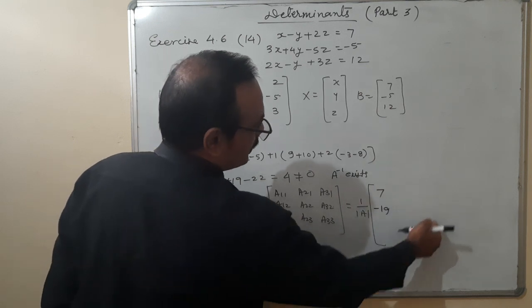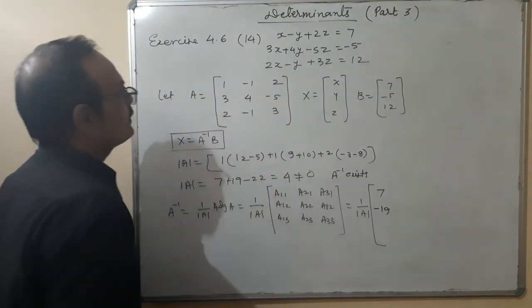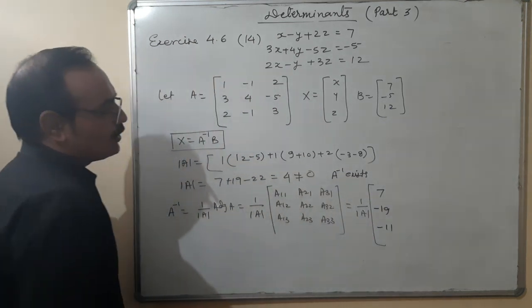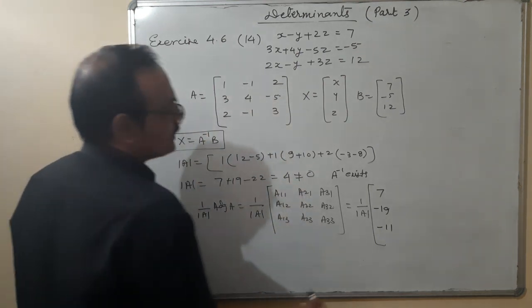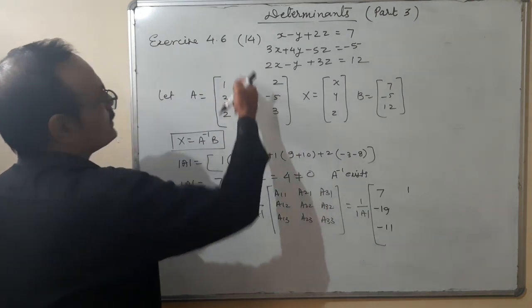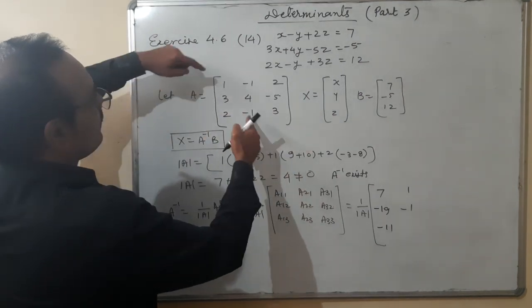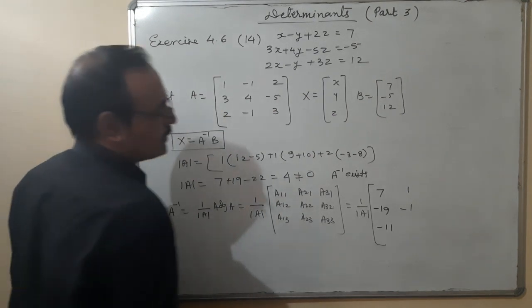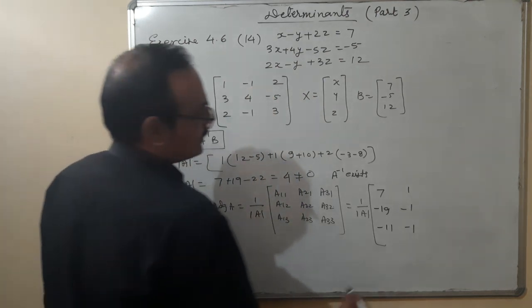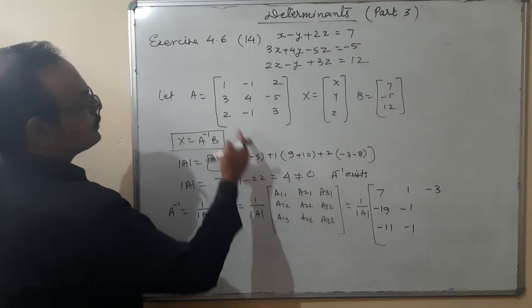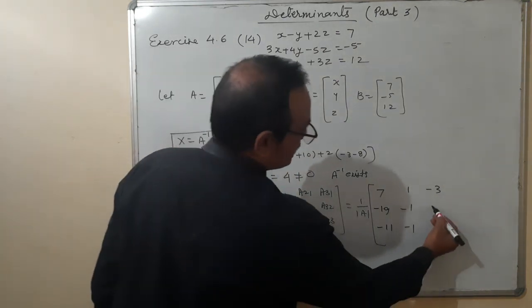Because these 4 signs will be changed. 1 3, first row, third column: minus 3, minus 8, minus 11. 2 1, second row, first column: minus 3 plus 2 minus 1, that means it is plus 1. 2 2, second row, second column: 3 minus 4, minus 1. 2 3, second row, third column: minus 1 plus 2, 1, so minus 1. 3 1, third row, first column: 5 minus 8, minus 3. 3 2, third row, second column: minus 5 minus 6, minus 11, that means plus 11.